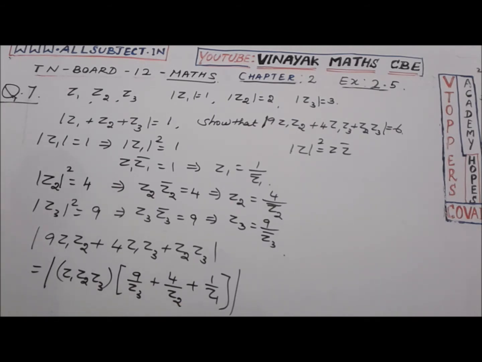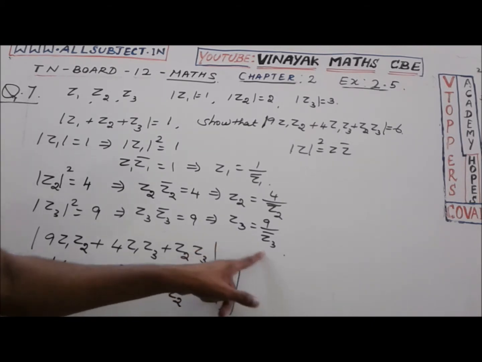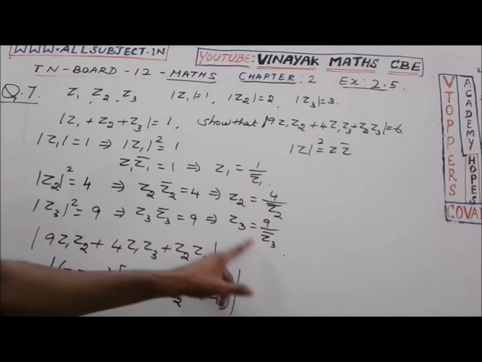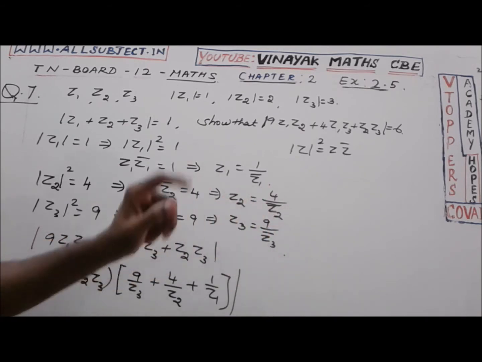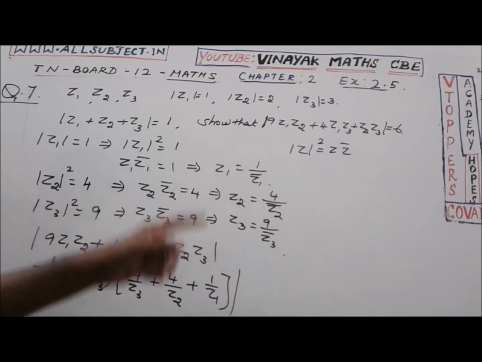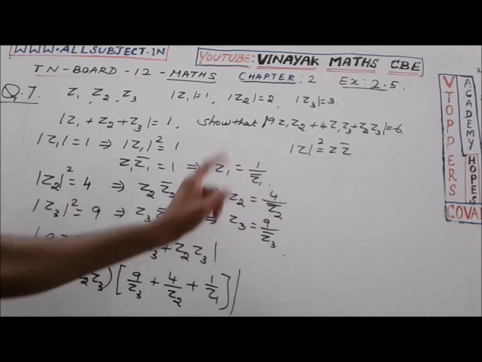Now separating the modulus value, we can interchange: 9 by Z3 equals Z3 bar, 4 by Z2 equals Z2 bar, and 1 by Z1 equals Z1 bar.